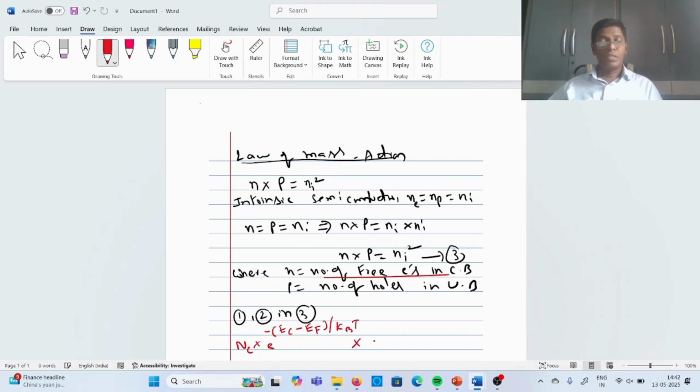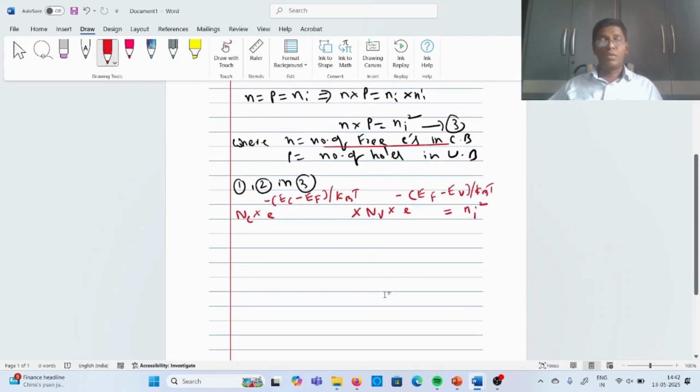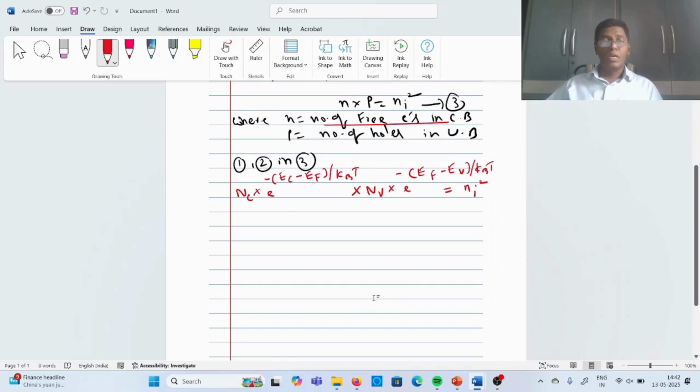This expression into P, the number of holes, which from equation number 2 is Nv into e power minus of Ef minus Ev divided by kBT. This is equal to Ni square.